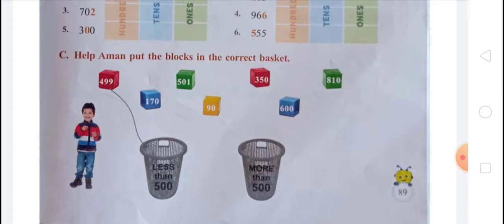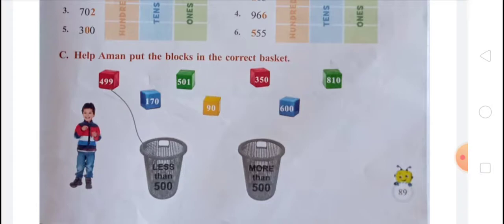So come on, 499 is less than 500, so we put it in the first basket, less than 500. Next is 501, and 501 is more than 500, so you put it in the more than 500 basket. Next one is 350. 350 is less than 500, so put it in the less than 500 basket.